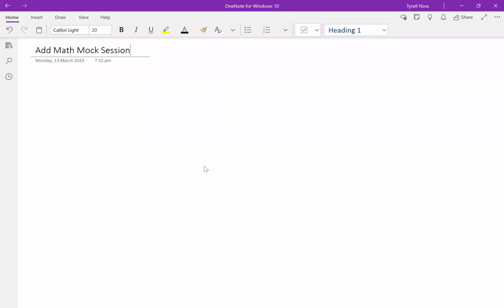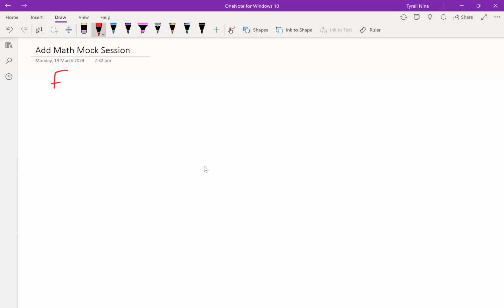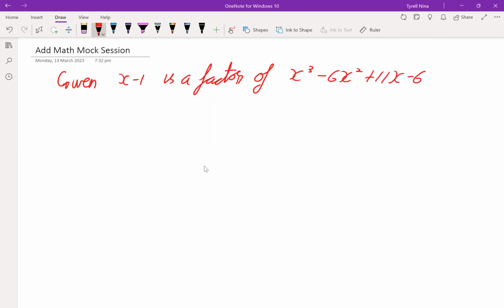So another one I wanted to do was, given x minus 1 is a factor of, let's say, x cubed minus 6x squared plus 11x minus 6.